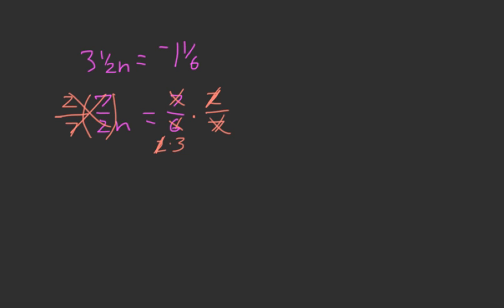Let's put that negative there so we don't forget that. Okay, so then what do we have? Well, we have a 3 on bottom, and all these canceling up here left a 1 up above. So because of that, there's a 1 up above, and there's a 1 over here as well, technically.